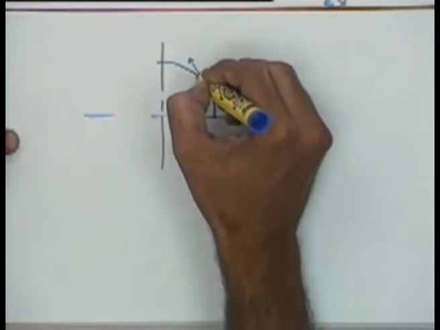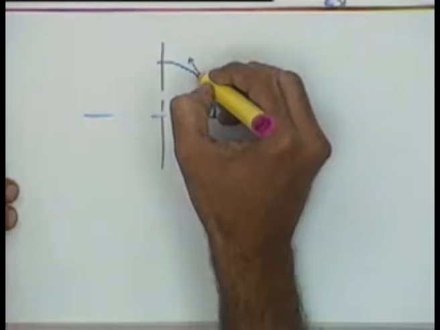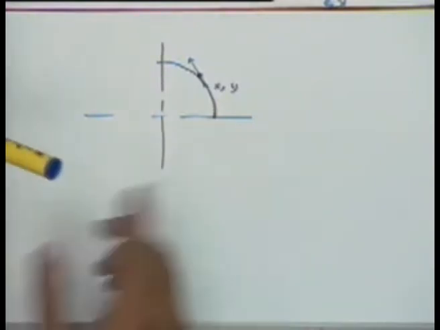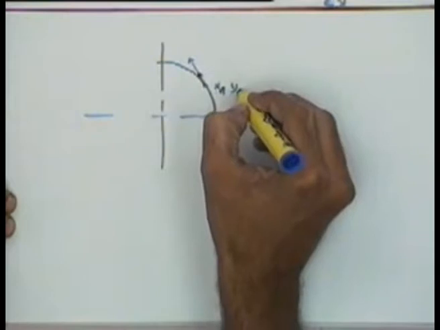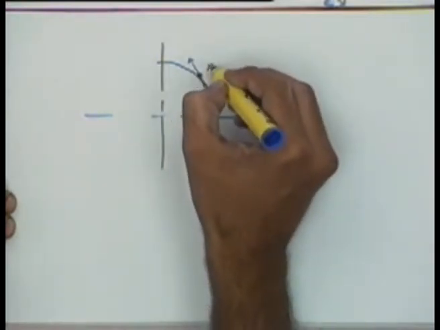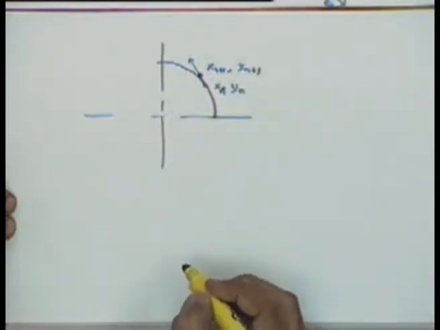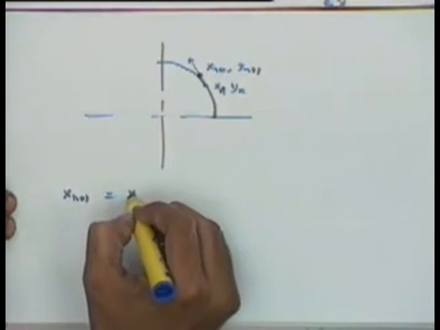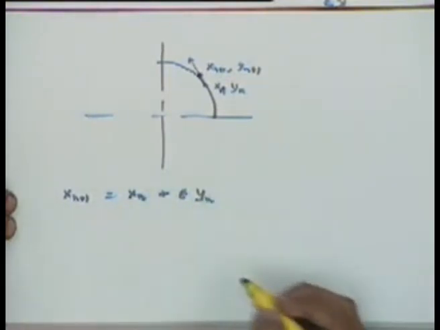So that will be a pixel, let's say, somewhere on this tangent at a point like this. If I call this particular pixel x n, y n, and the next pixel to be displayed x n plus 1, y n plus 1, I can write x n plus 1 will be equal to x n plus epsilon times y n.